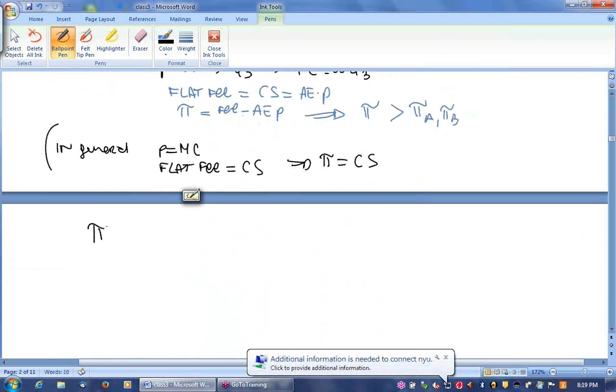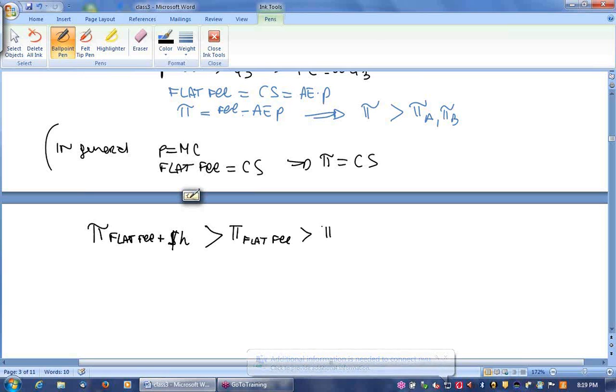So the profits from flat fee plus payment per hour are greater than the profit with only the flat fee, which is greater than the profit with only the per hour pricing. Okay? Questions?